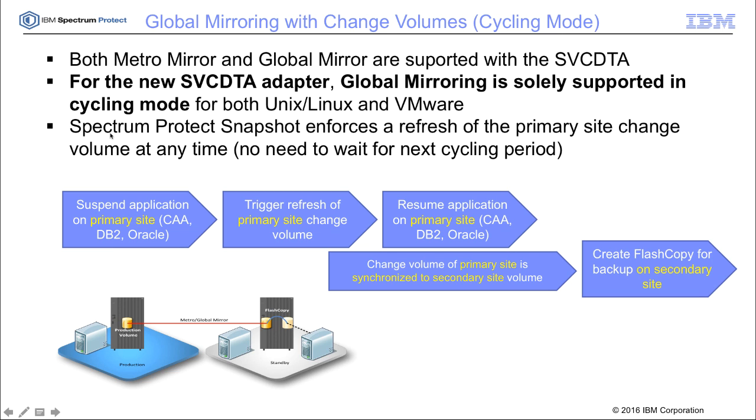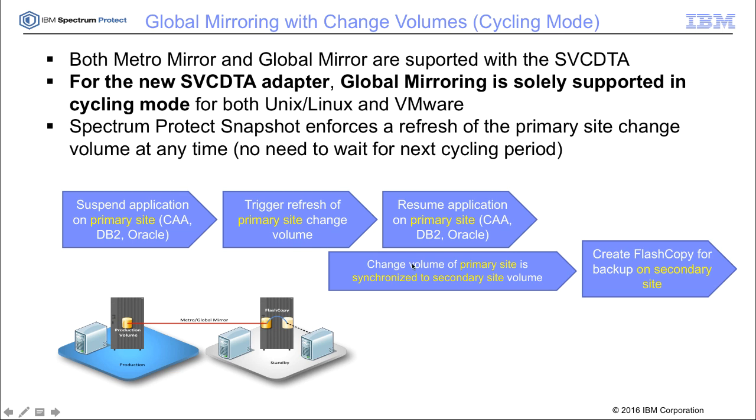What's going to happen in this case is Spectrum Protect is going to enforce a refresh of the primary site change volume at the time you do the snapshot. So there's no need to wait for the next cycling period.